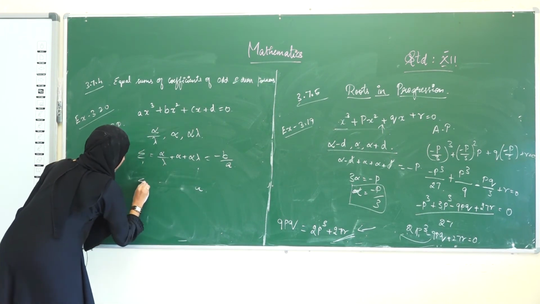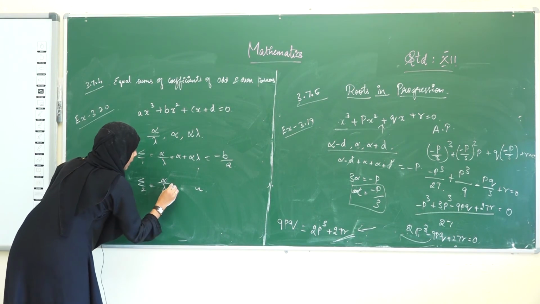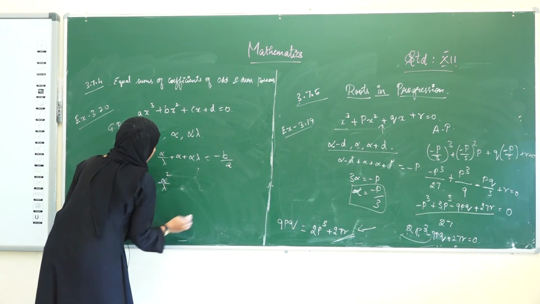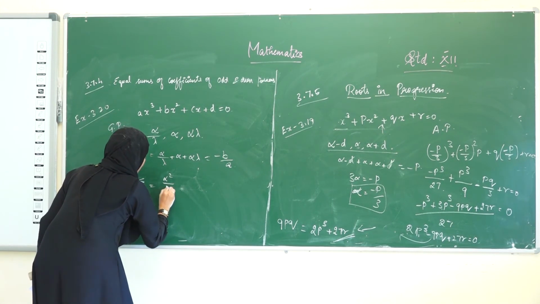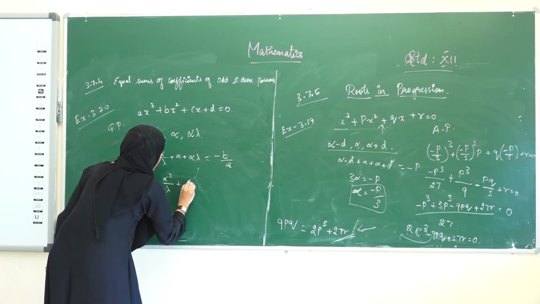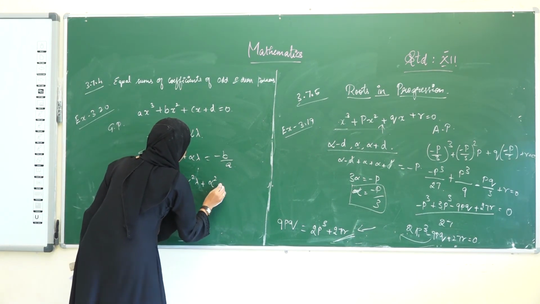See, summation 2 is alpha divided by lambda into alpha, is alpha square divided by lambda plus alpha square lambda plus alpha square.